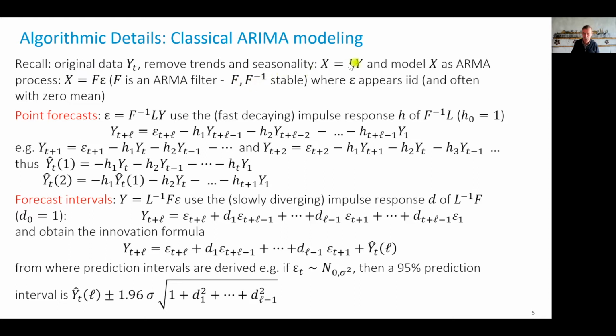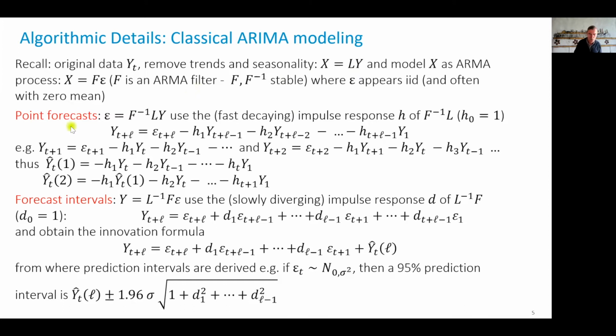Here there's a difference between those two filters. Differencing filters are not stable in the sense of stability that we said before. So they are invertible. L^-1 exists, but the coefficients of L^-1 go to infinity or do not decay to zero. So it's just at the boundary, in fact, of stability, which has some implications that we'll see here.